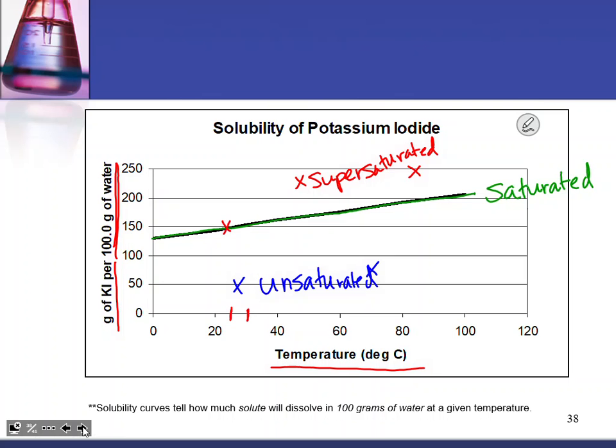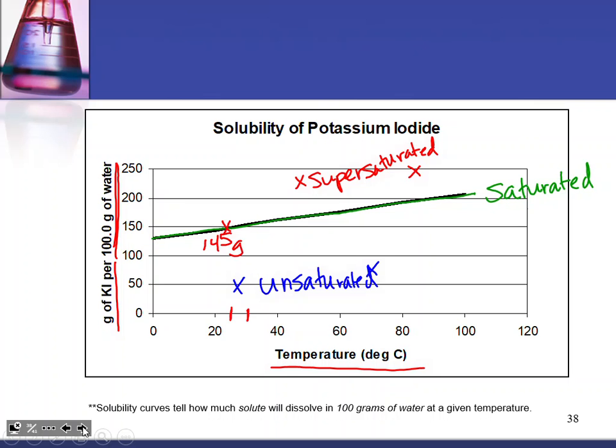I go up here, about how much? It's not exactly on the line, so we'll just call it like 145, you think? 6, something like that, grams. If you want to call it 150, that's fine with me, because it is approximately that much. About how many grams? We weren't going for exact.